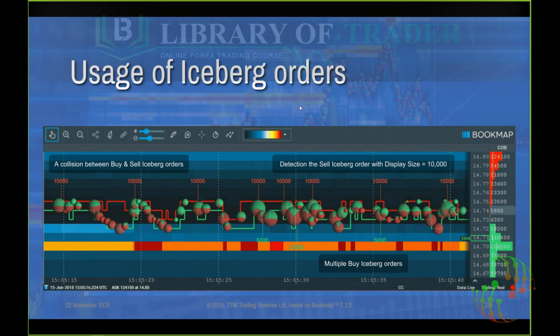The usage of iceberg orders is as described here: the indication of iceberg orders shows you that something is happening here. That means the market is likely to drop when they are constantly hitting the bids.